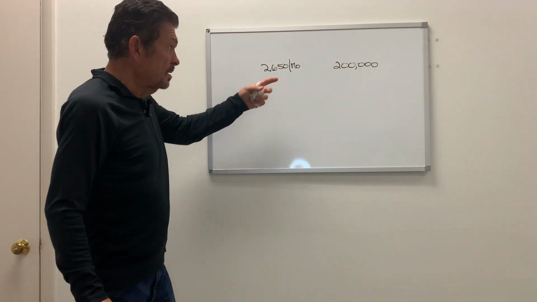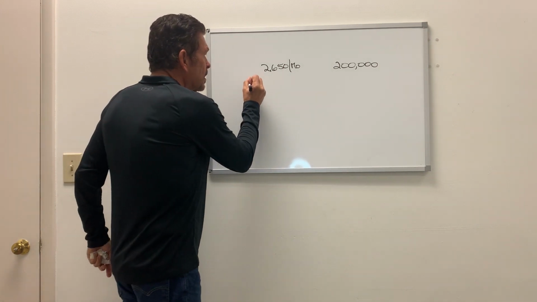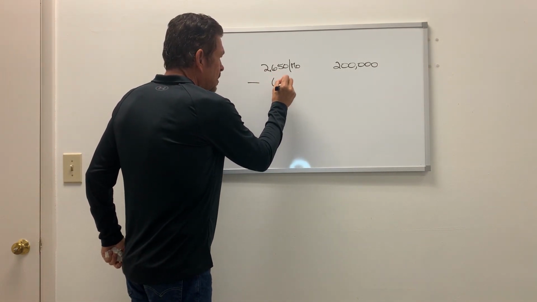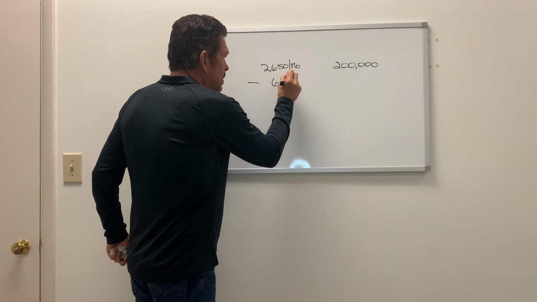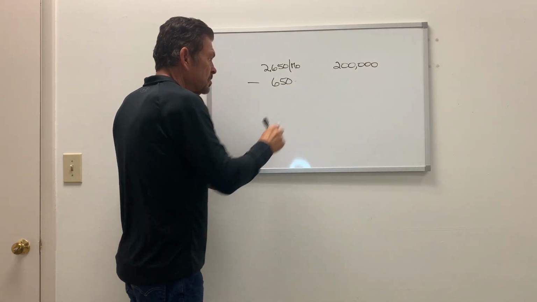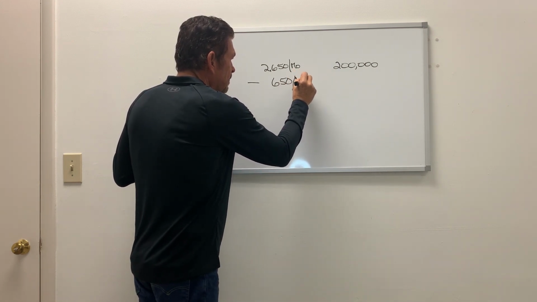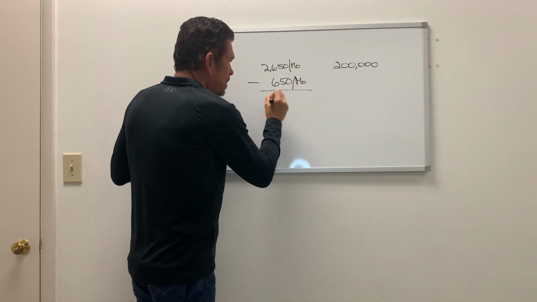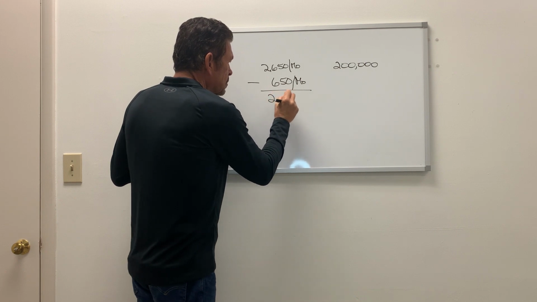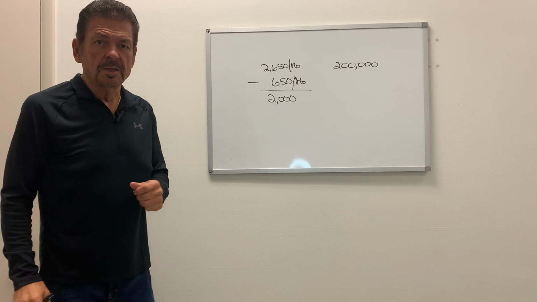Okay? That is our gross monies that come out of it. In this case, let's say that our expenses for taxes, insurance, and other expenses average $650 a month, making our gross return minus expenses $2,000 a month.